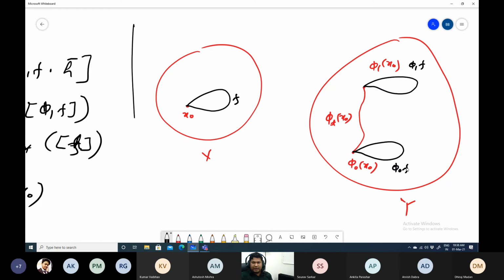Now what we will prove is that this phi 0 f and this phi 1 f are homotopic in some sense by the map beta.